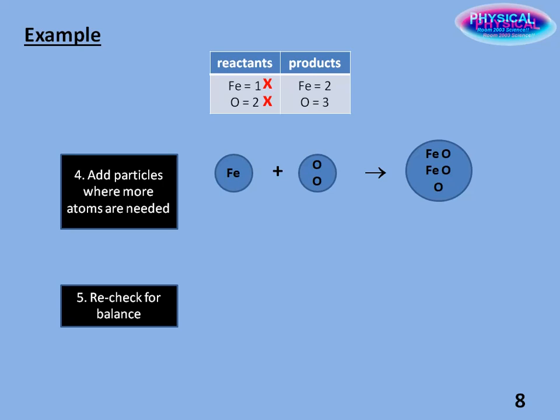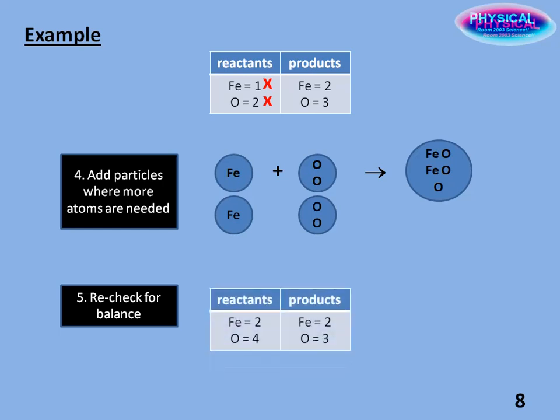I'm going to add particles where more atoms are needed. So what does that look like? Well, I'm low on the iron on the reactant side, so I'm going to add an iron. I'm low on the oxygen on the reactant side, so I'm going to add an O2 particle. I can't just add 1 oxygen because I don't have a single oxygen particle on the reactant side. And then I'm going to recheck for balance.